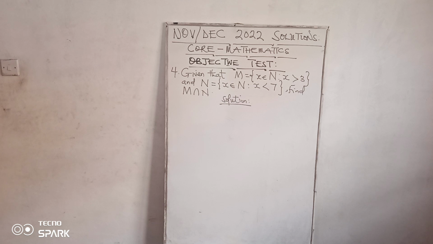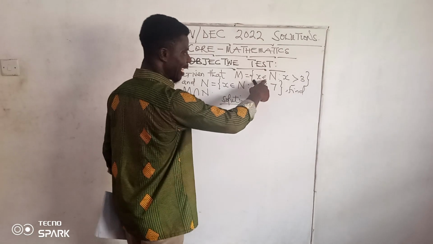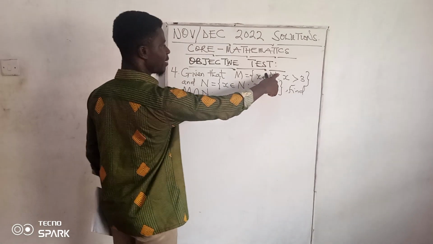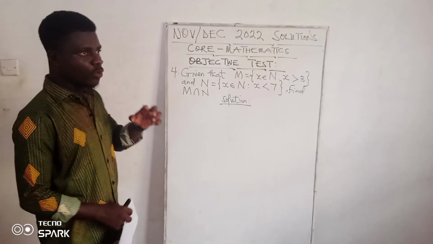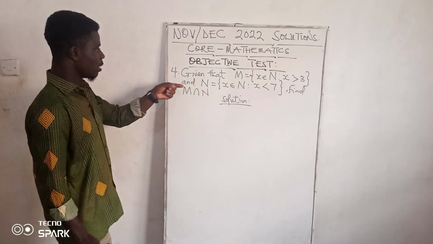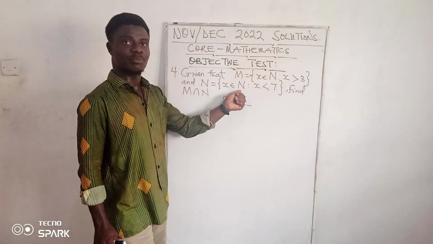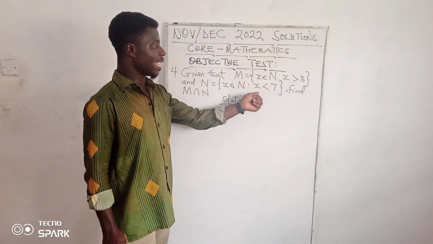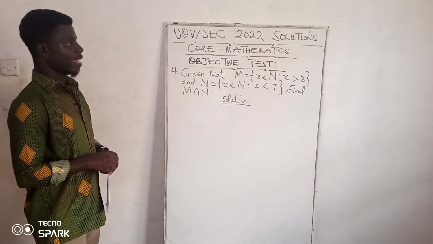Find M intersection N. Again, they've given you the restriction for x, and N is the set of x such that x must be less than 7. Find M intersection N.